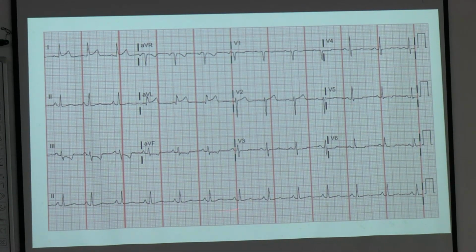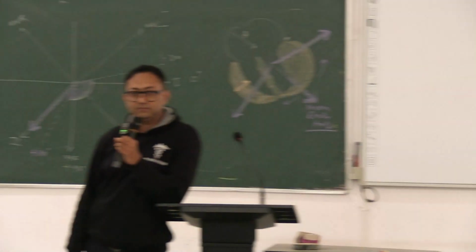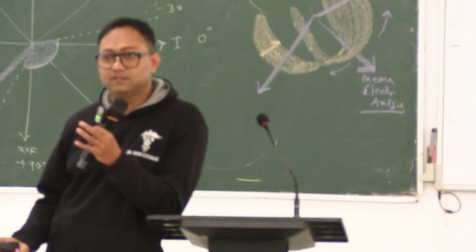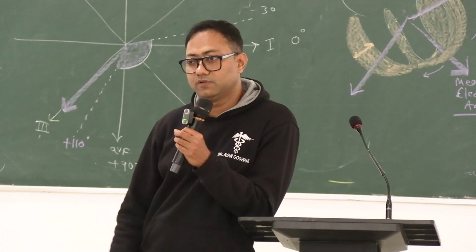In the x-axis, 1 small square is 0.04 second. In the y-axis, 1 small square is 0.1 millivolt. So the P wave is usually 2 small squares in height. That means what is the voltage of the P wave? If it is 2 small squares in height, 0.1 into 2, that is 0.2 millivolt, right?